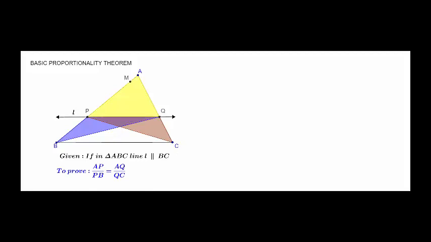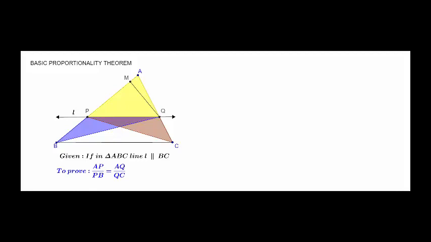So if I draw QM as the altitude, we find that triangle APQ and triangle BPQ have got the same altitude QM, that is their heights are common but their bases are different. AP and PB are the bases of the two triangles. So the area of these triangles will be the ratio of their respective bases.